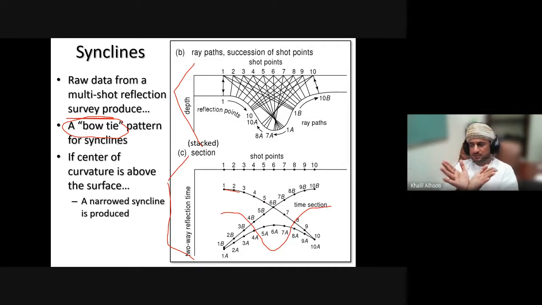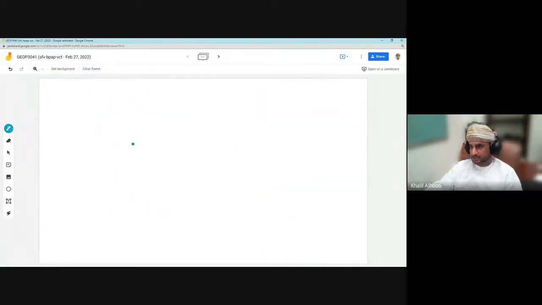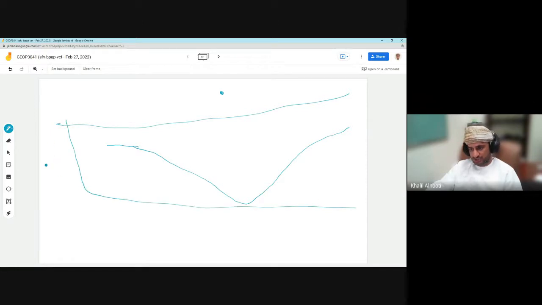What if the syncline is very broad? It will not look like a syncline. If the syncline is very broad, let's assume it's something like that. So this syncline has its center of curvature above the surface. This is in the geologic section, geology, that's depth.